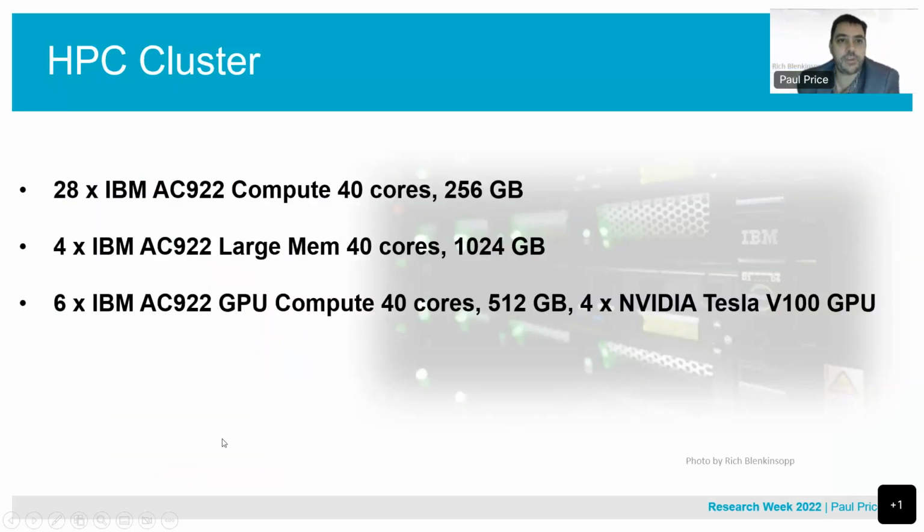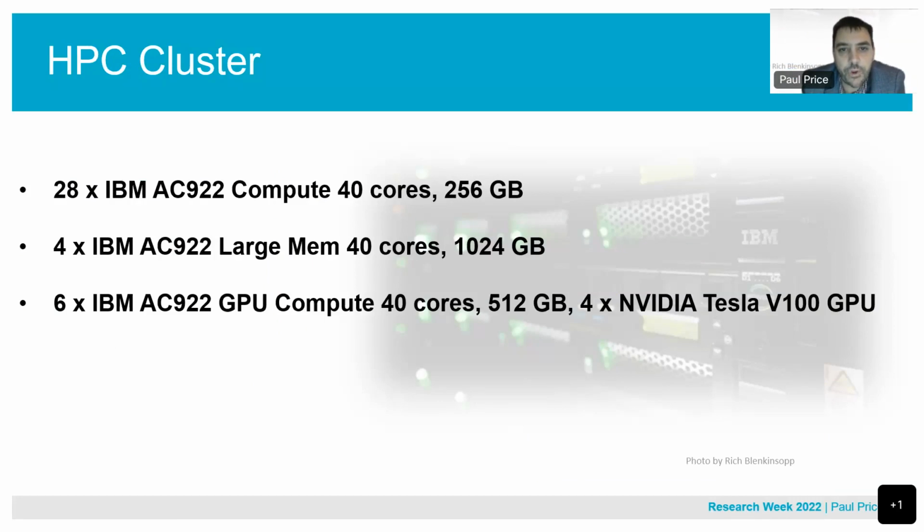The actual HPC cluster, or as the video referred to it, a supercomputer, we have brand new 28 IBM AC922 servers. These are a different architecture than the classic, which was x86, the same architecture found in your laptops. This is a power architecture, an IBM chipset, and we have 28 of them.